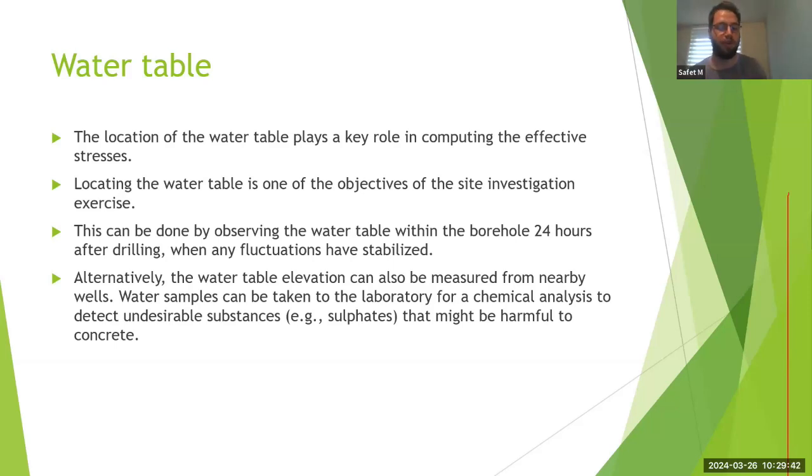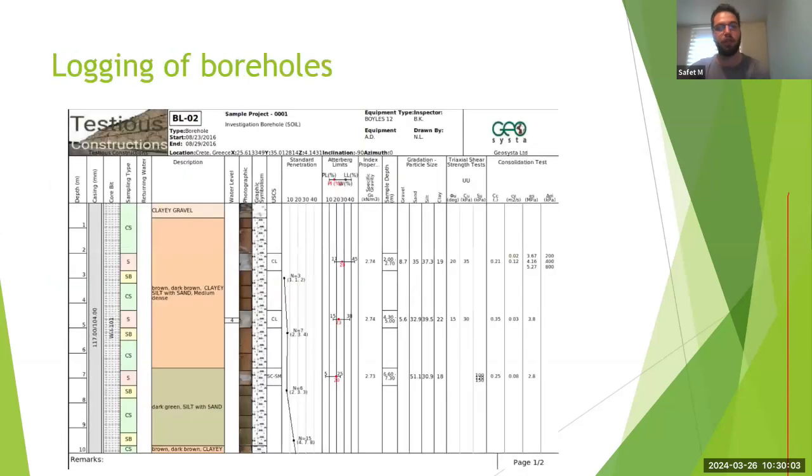For example, sulfides have a lot of aggressive properties on concrete and on foundations. So if you see that your water is going to be aggressive on your foundation, you're going to redesign your concrete, take aggressivity into account, and change the cement and usual stuff.